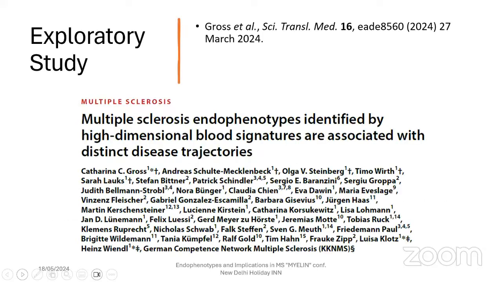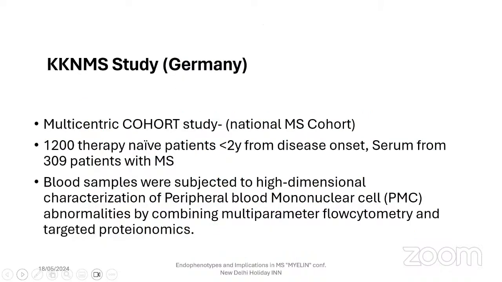This study, which appeared in March 2024, studied multiple sclerosis endophenotypes, which are identified by high-dimensional blood signatures that are associated with distinct disease trajectories. And this study is a landmark study.